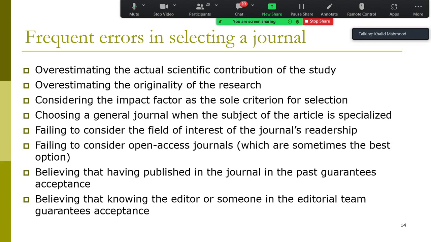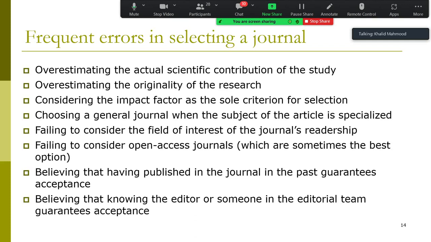Believing that having published in the journal in the past guarantees acceptance. Sometimes we have past experience publishing in a specific journal, and we think that journal will be ready to publish your article looking at your name, but it is not always possible. Believing that knowing the editor or someone in the editorial team guarantees acceptance.